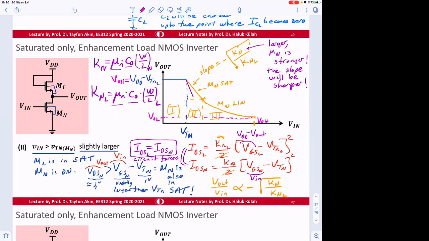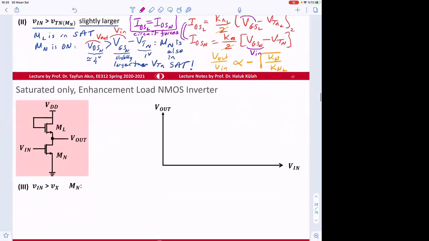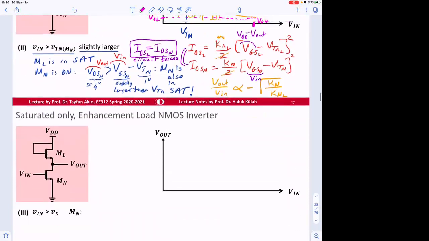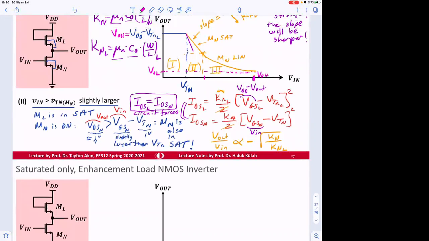That's the definition. Is it okay? So that point is determined as Vx, as you see here. So maybe this value is Vx.